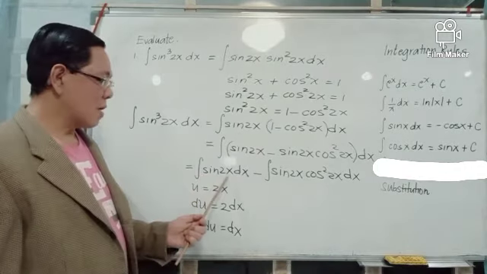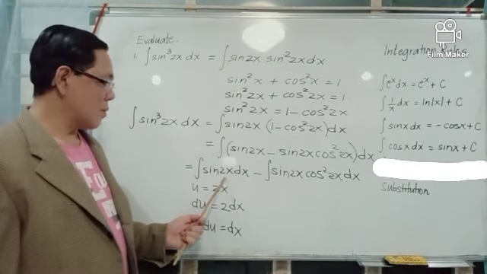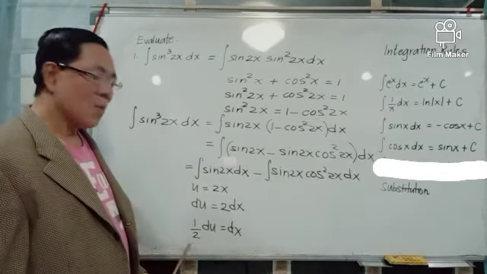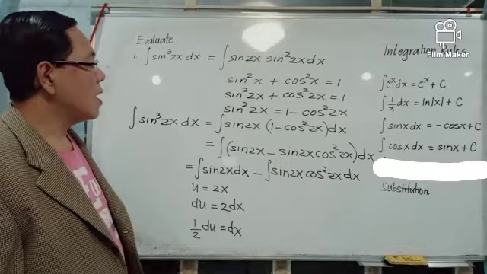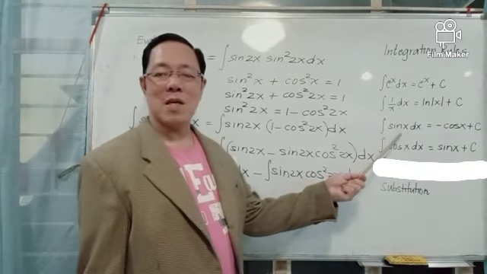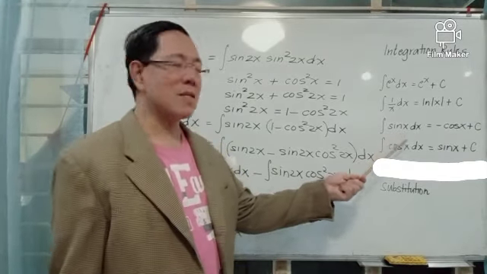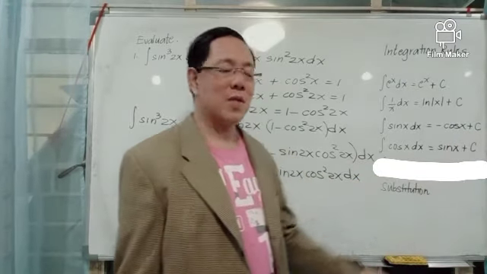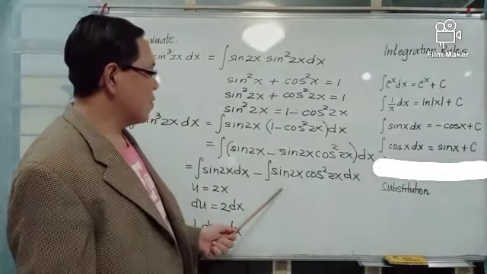In the first integral, we replace 2x with u, and we replace dx with 1/2 du. And then we apply this integration rule: the integral of sine is negative cosine plus the constant of integration.